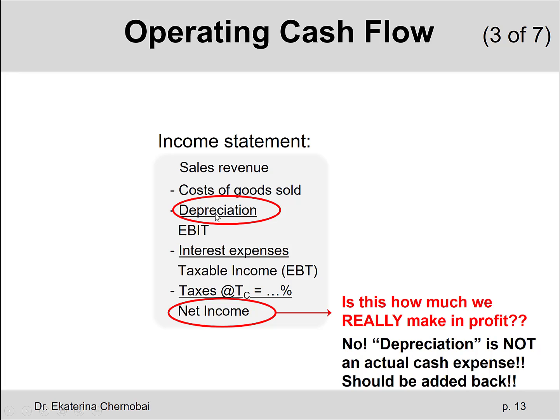It's only there for tax purposes. And so because depreciation is something we never spend, we need to add it back to correctly calculate the profit for the year. And this is how you can find the operating cash flow. So you can take net income, the last row of a standard income statement, and add the depreciation amount back to it.